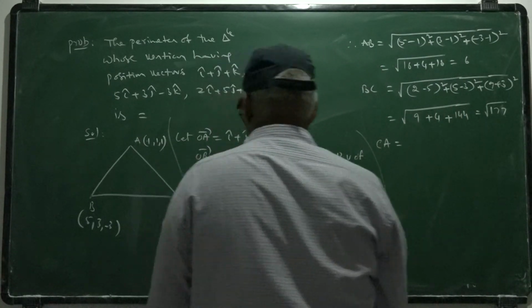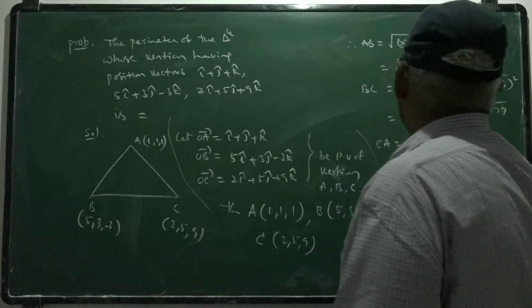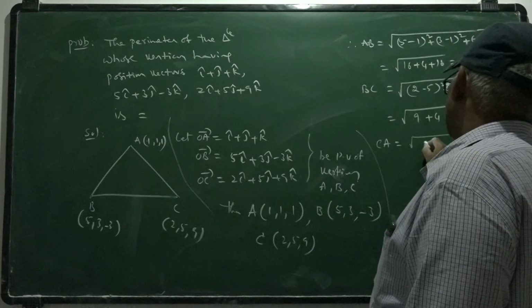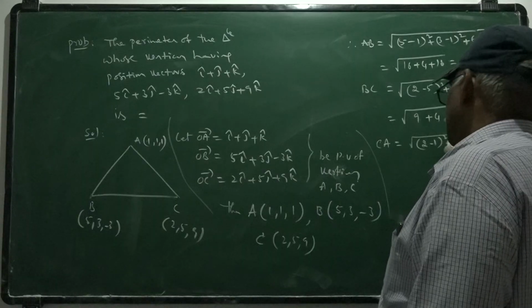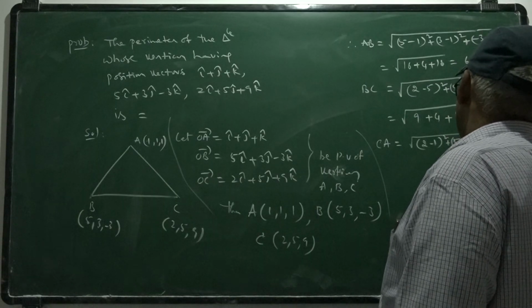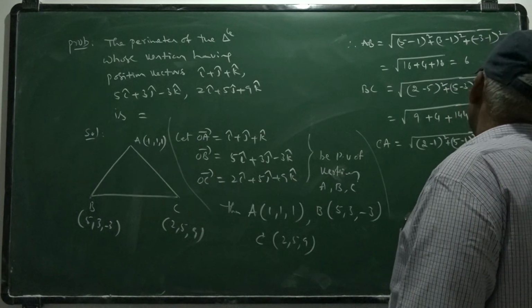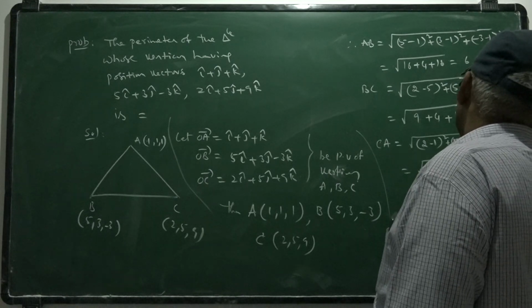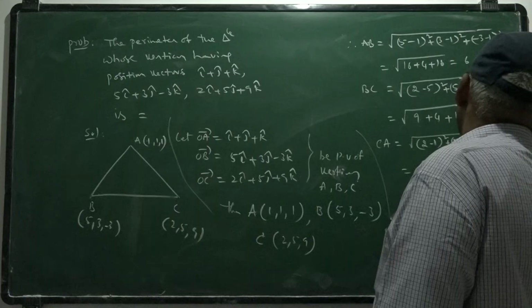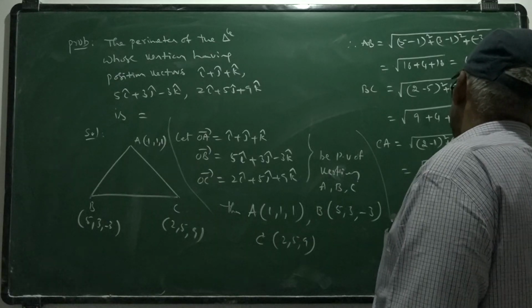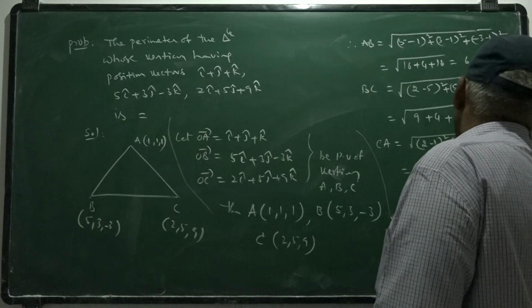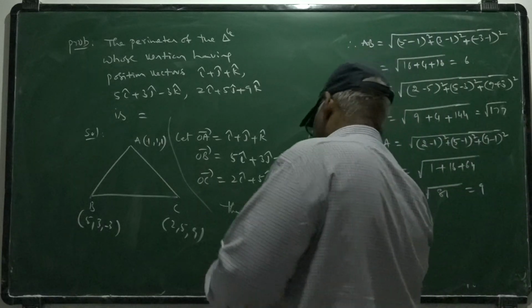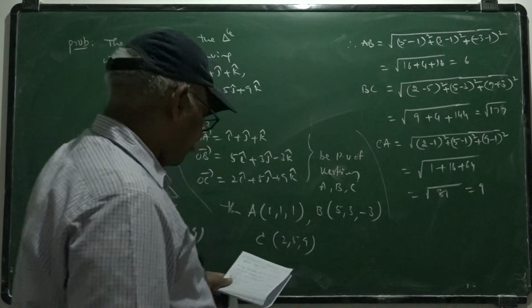The length of the side CA is square root of 2 minus 1 whole square, 5 minus 1 whole square, plus 9 minus 1 whole square. That gives us 1 plus 16 plus 64. This is 81, that is 9.